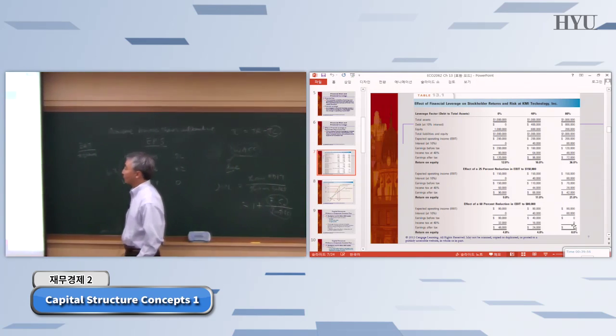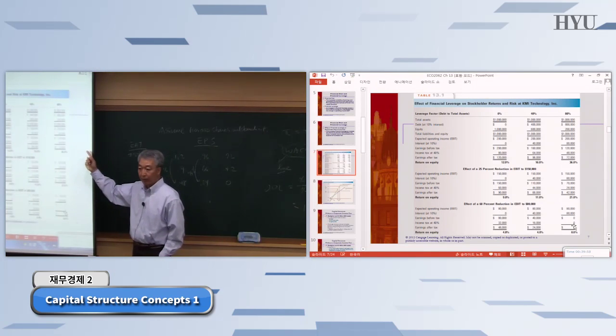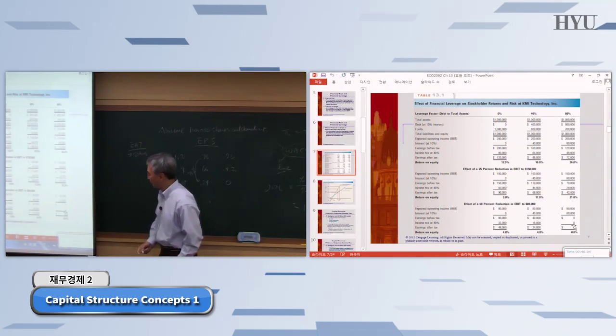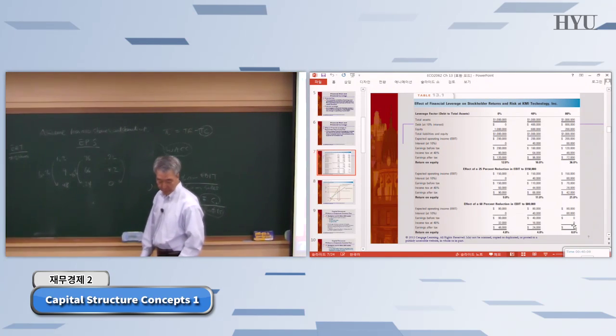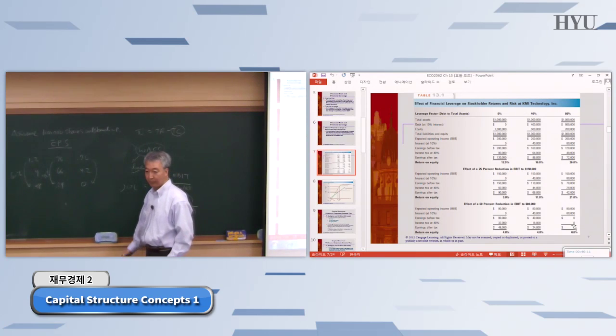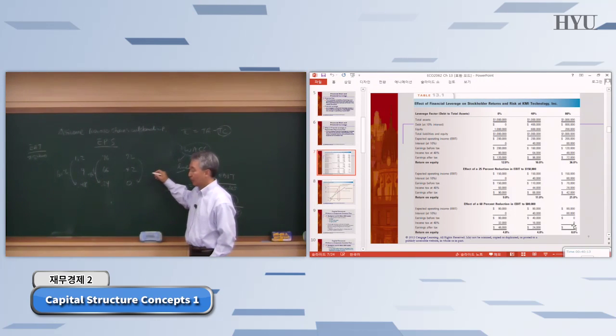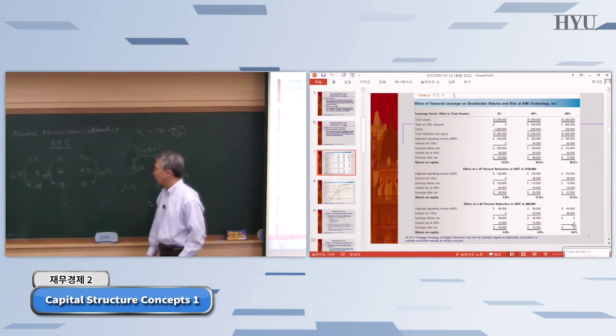If your capital structure includes 80% debt, when the operating income declines by 60%, that's a 100% decline in EPS.